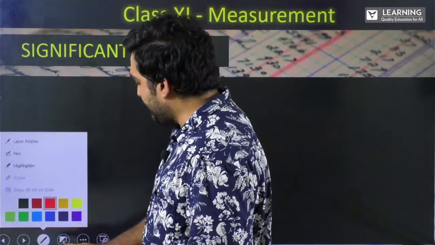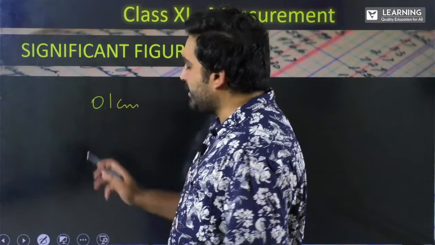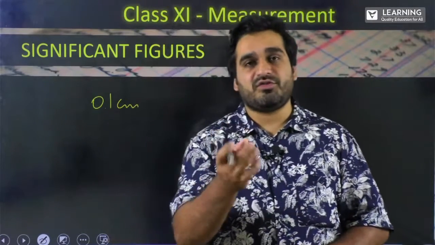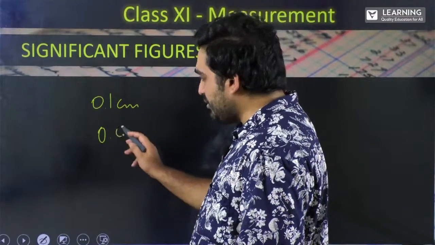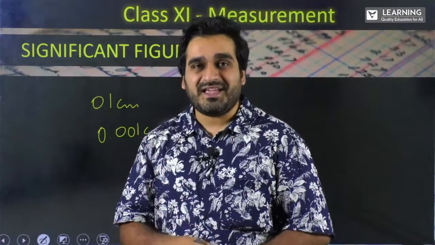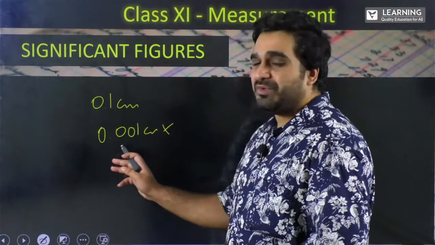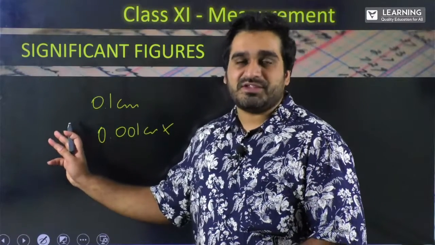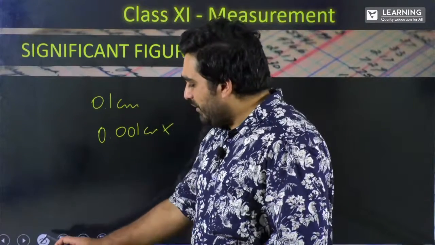This precision cannot be varied by writing 0.001 centimeter for a scale. It would be wrong to write it this way, because the right precision of the instrument is just 0.1 centimeter.